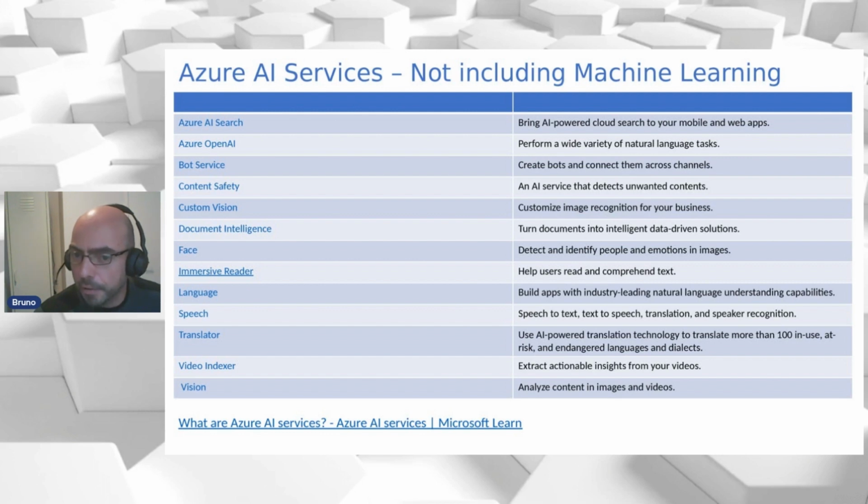I will not cover Copilot Studio in this presentation, but Copilot Studio is much easier than using Bot Service. Anything else is quite similar, and a lot more flexible than AI Builder.